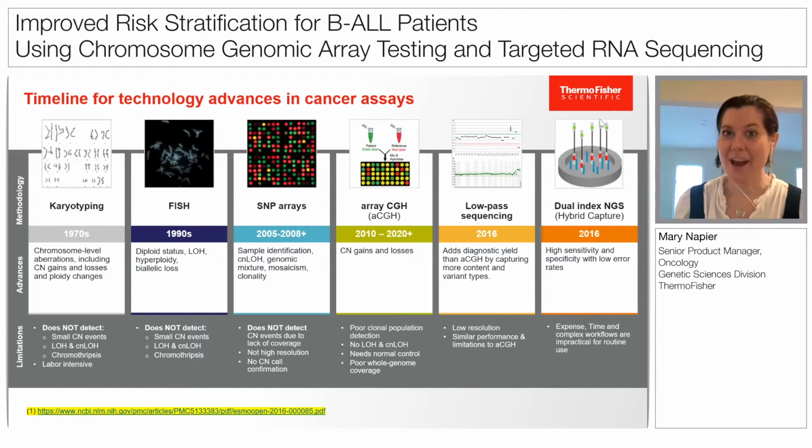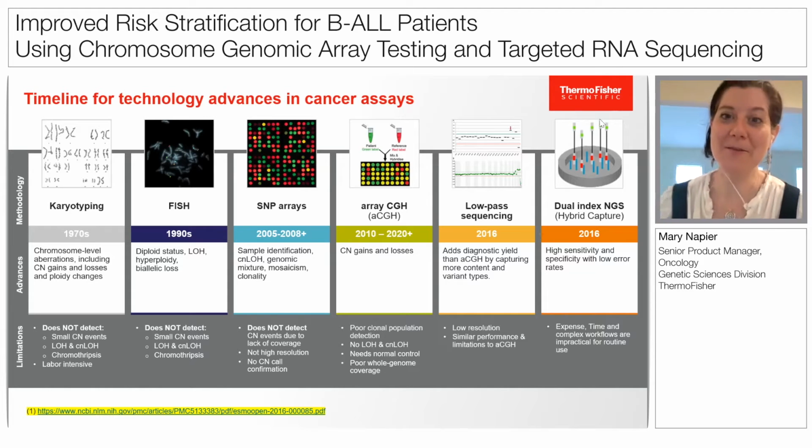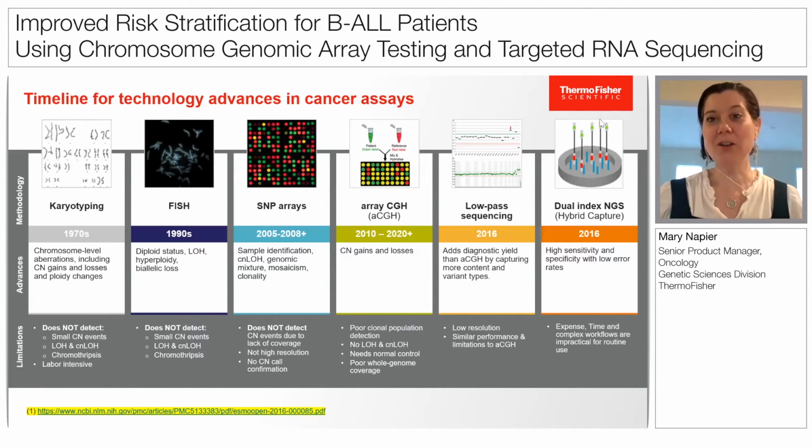And in fact, our speaker today, Min Fang, who is from the Fred Hutch at the University of Washington, is going to talk about how you can complement arrays and RNA-seq.